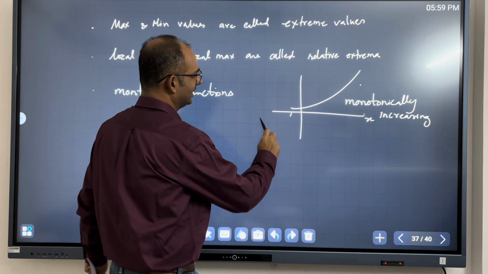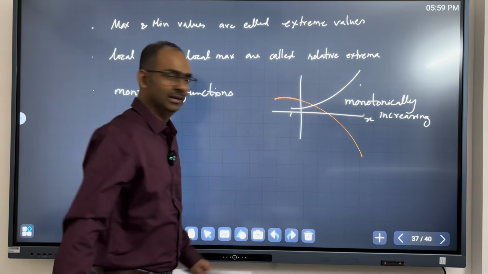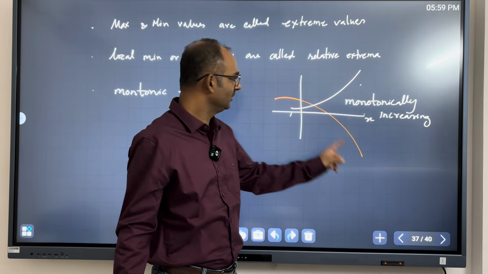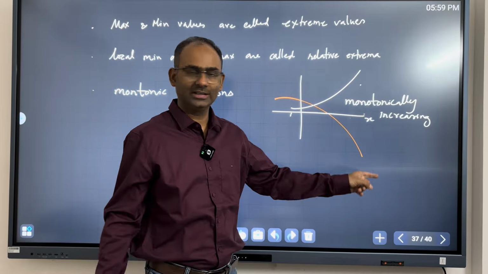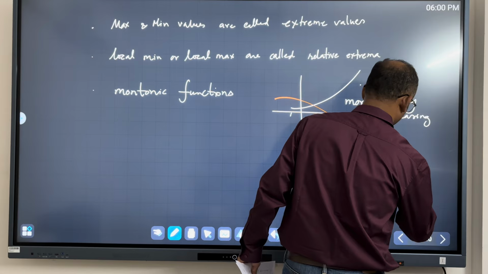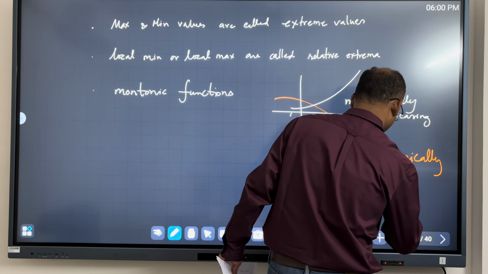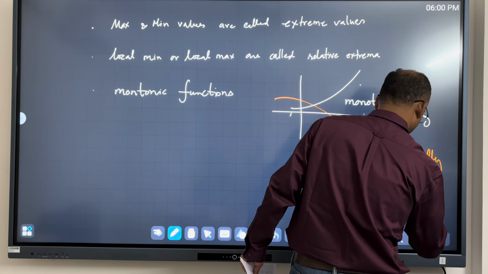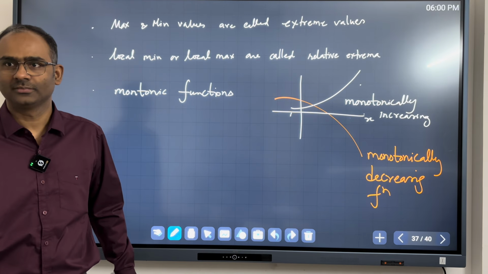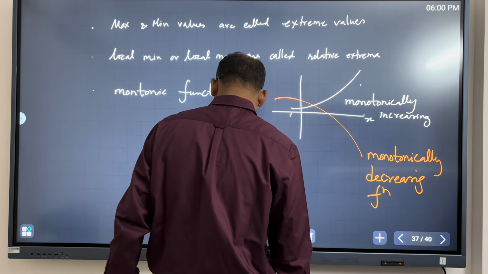And if you have a function like this, then you see as x increases, the function value is going down, and it is always going down, so it is monotonically decreasing. It's a monotonically decreasing function.